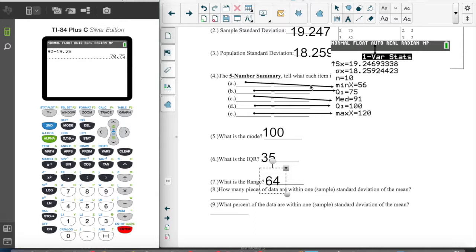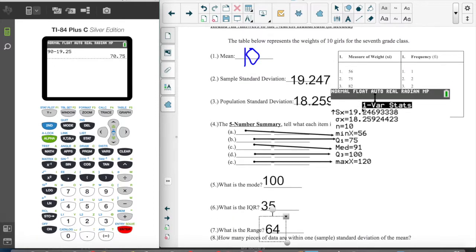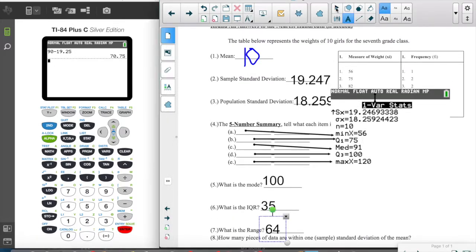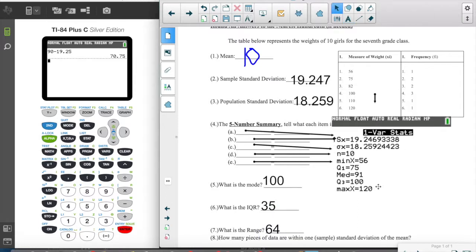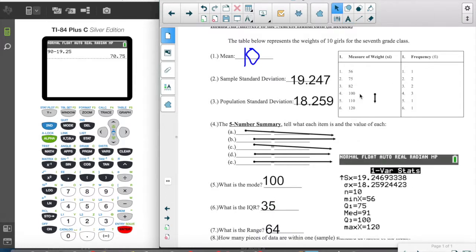Now when we look at our frequency table, the numbers that fit within that include 90, so that's 1, 2, so that's 4 right there.